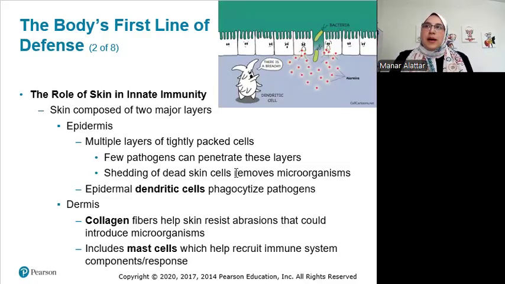Okay. And so in that way, you have a physical barrier that's very dynamic and is able to look out for pathogens. Now, what are these cells looking for? They're looking for basically general characteristics of bacteria and viruses.